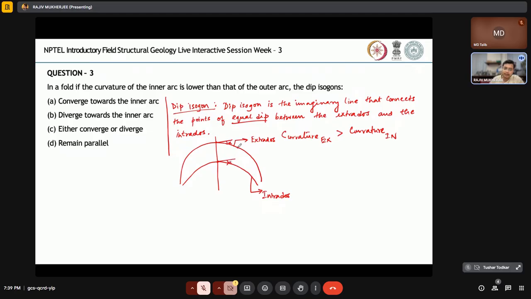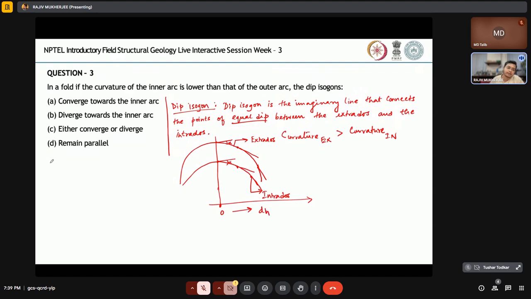and then we selectively choose different points along the limb of the fold in both directions, and then we just plot the change in the dip amount. If this is point 0, this will be the distance from the hinge.